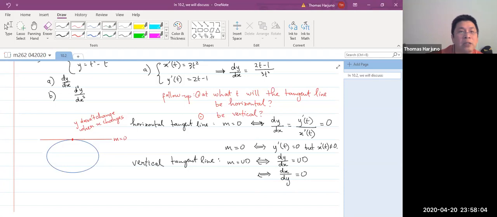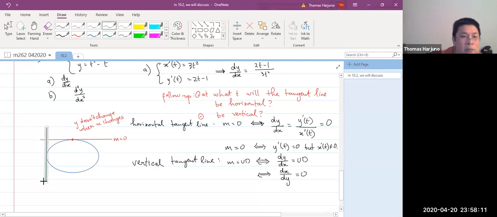Now, using the same similar idea, I go for the vertical tangent line. This vertical tangent line here, we know that the slope is undefined. But to be more precise, you see that x does not change along that line. Along that line, you will see the x does not change when y changes.